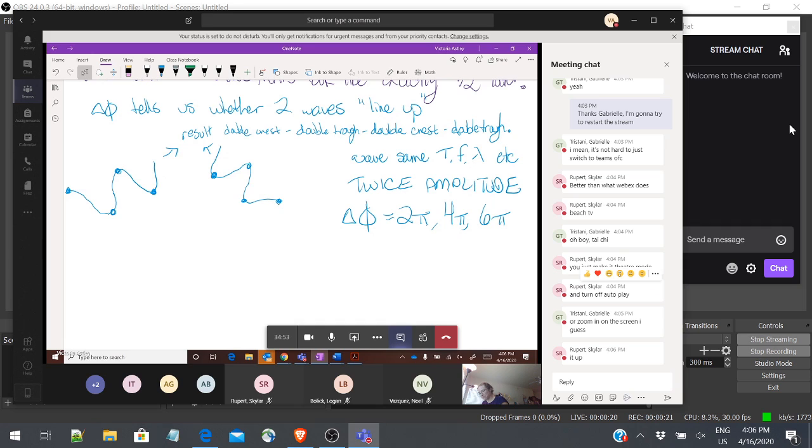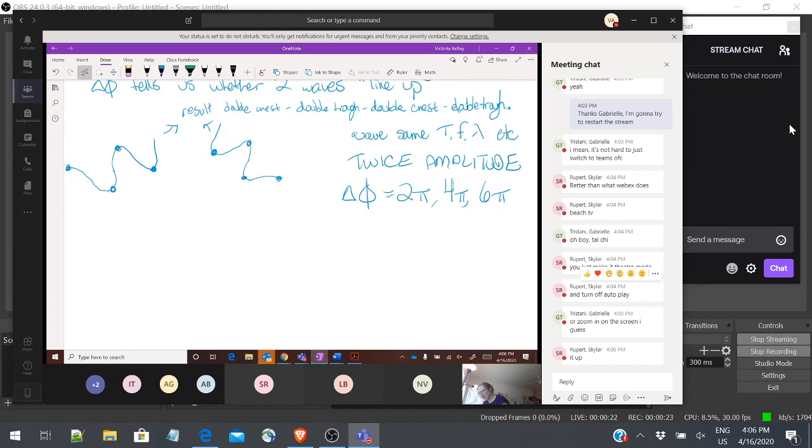Well, hopefully that video was helpful. So the idea here is this tells you whether the two waves are off by a whole cycle, which means they still line up.